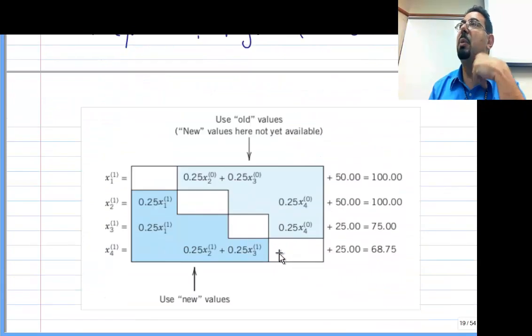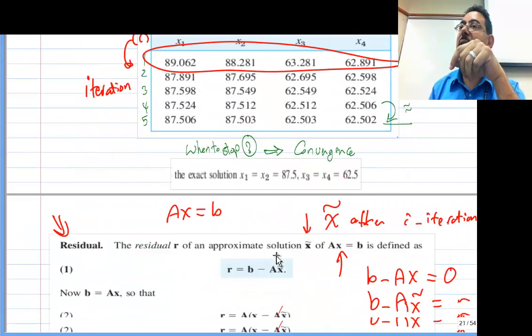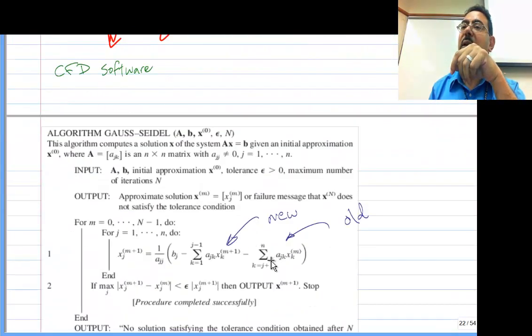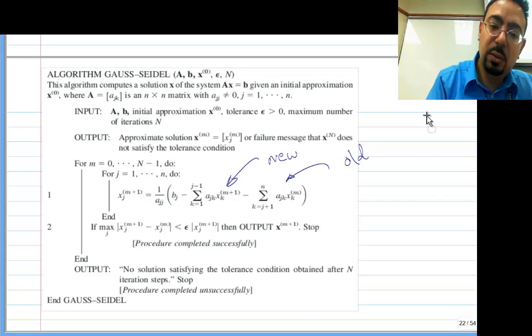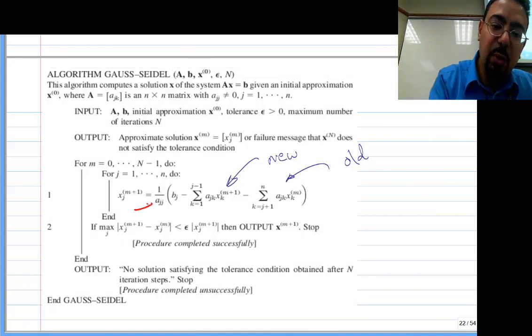So the formula has this summation that you don't see on Excel. So it should be 1 over A_jj. We understand this part. Why is it dividing by the coefficient?